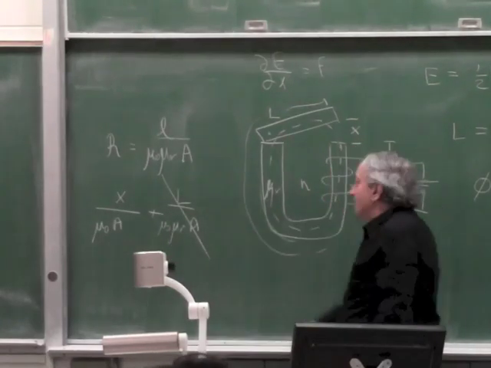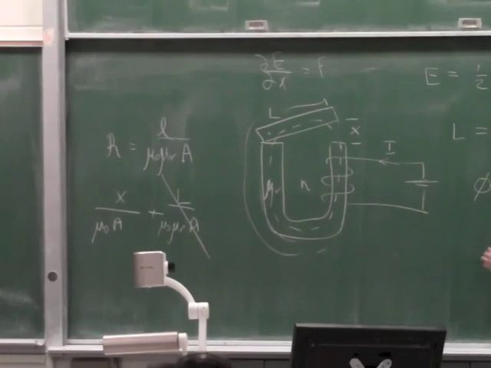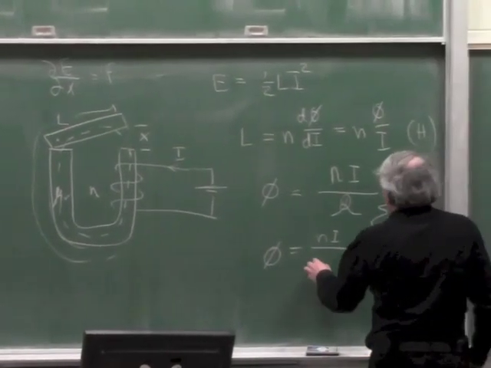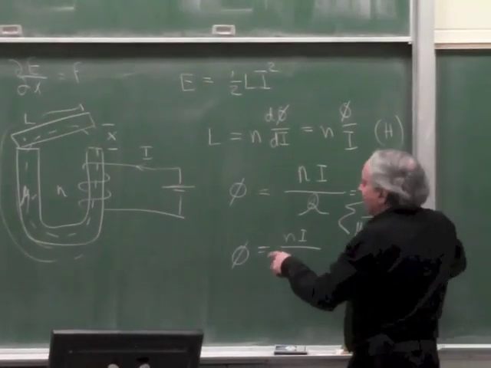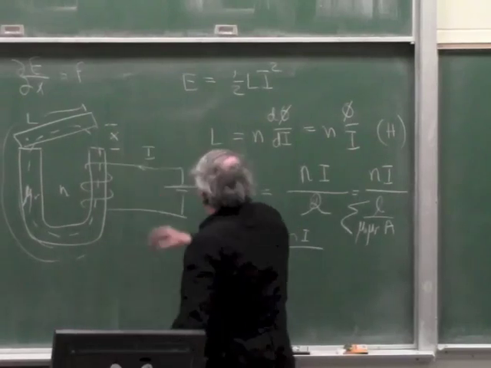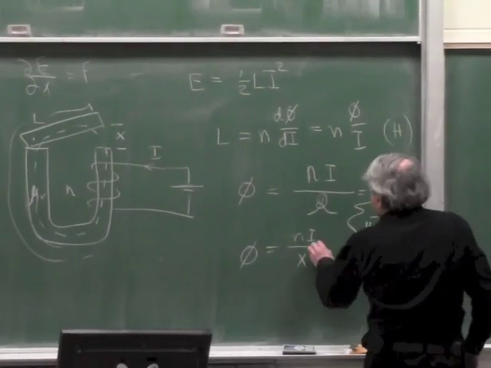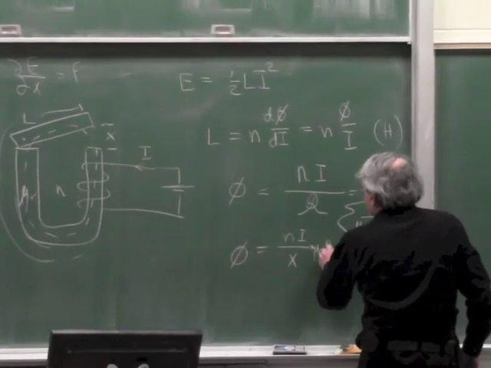So we can simplify this formula: phi is simply Ni divided by x times mu 0 A, because now we are only taking the air gap x into account.